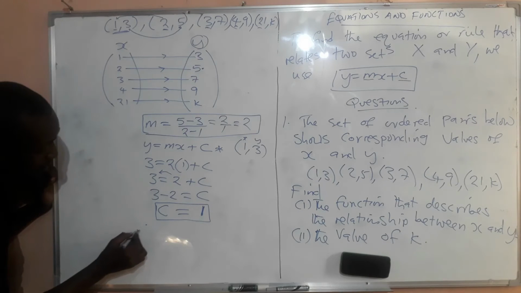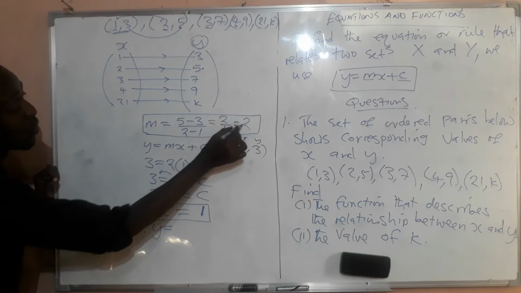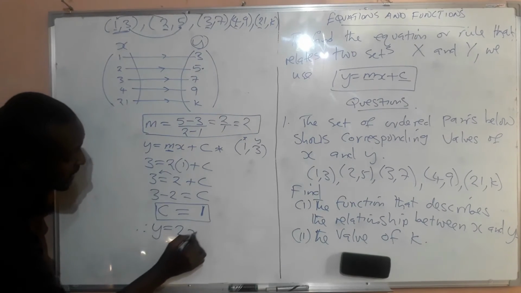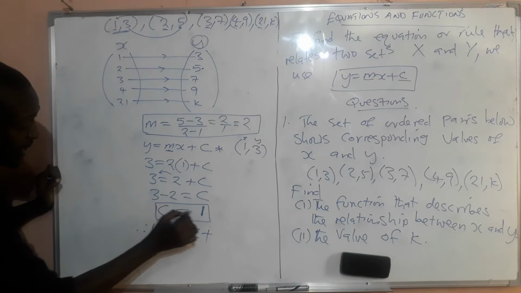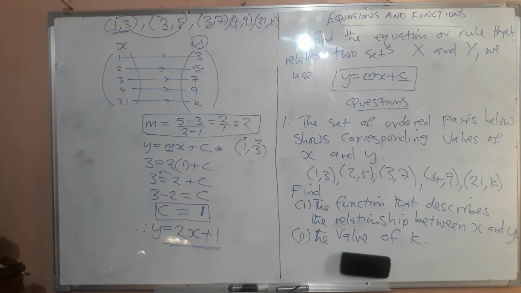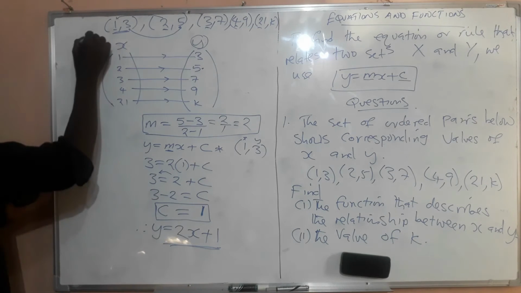We can say, therefore, y is equal to our m, which is 2, and the x will remain x, plus our c, which is 1. So this is our equation, and this is the first part of the question, number 1.